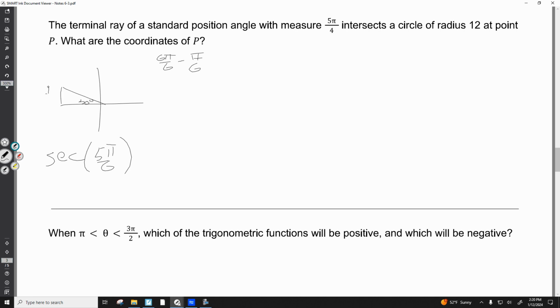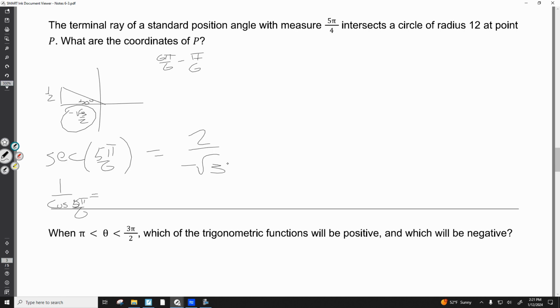You're not going 1/2. You're not going root 3 over 2. The next thing, you're not writing that the secant is the flip of cosine. The next thing is you're not finding the cosine of 5 pi over 6 and flipping it. The next thing is you're not paying attention to the direction, or you're not understanding the correct reciprocal function.